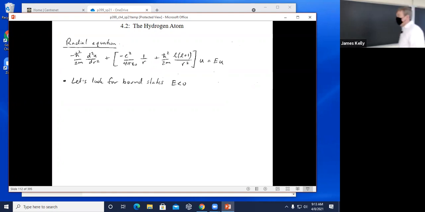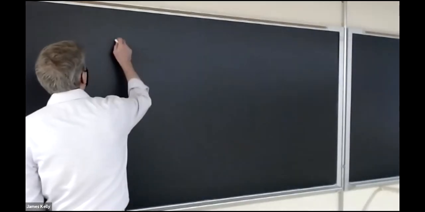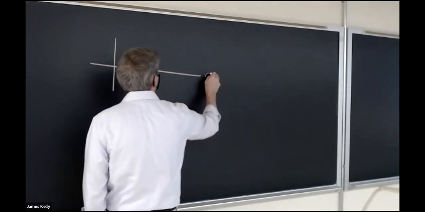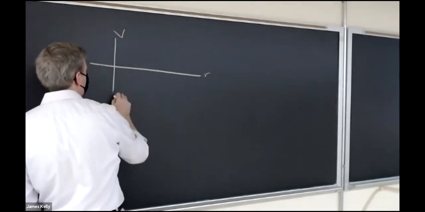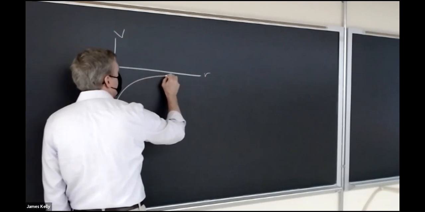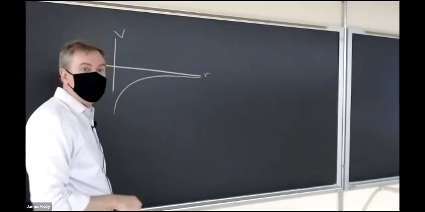Now, let's look for the bound states. Why are the bound states less than 0? Well, if we look at the real potential energy, not the effective potential, our potential energy, which is kQ1Q2 over r, V as a function of r, is negatively proportional to 1 over r.